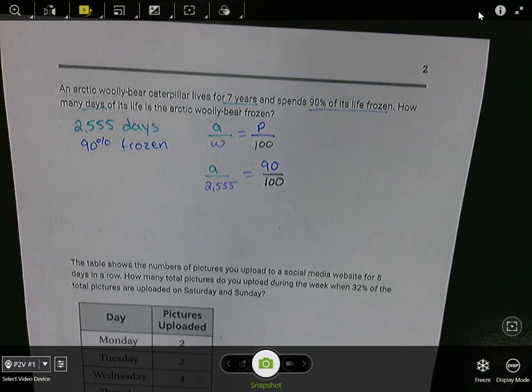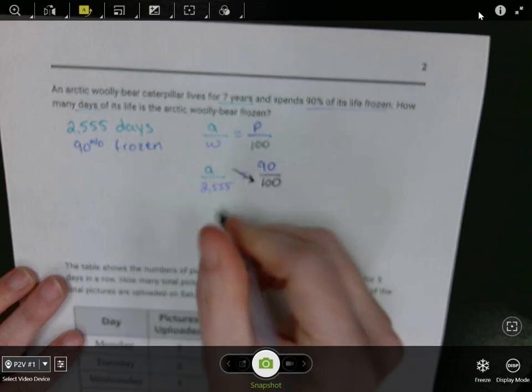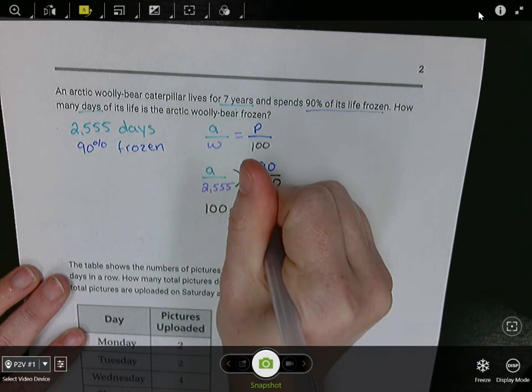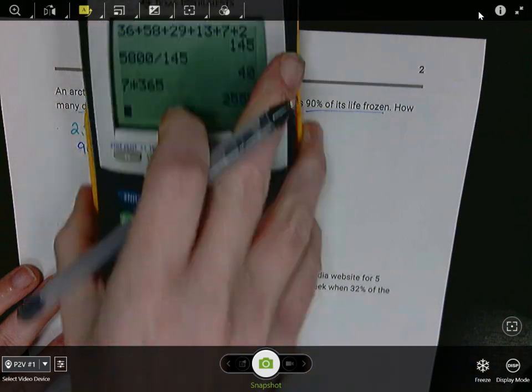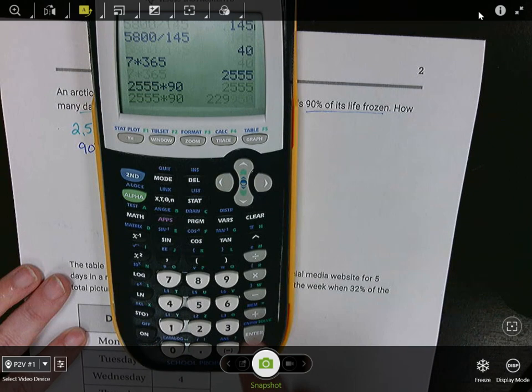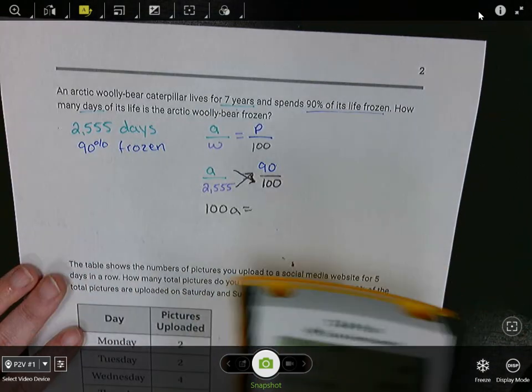Let's cross multiply to figure out what our part is. A times 100 is 100A equals 2,555 times 90, which gives us 229,950. It's a big number.